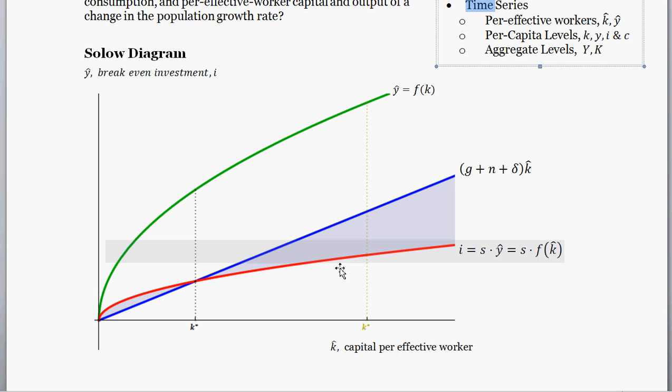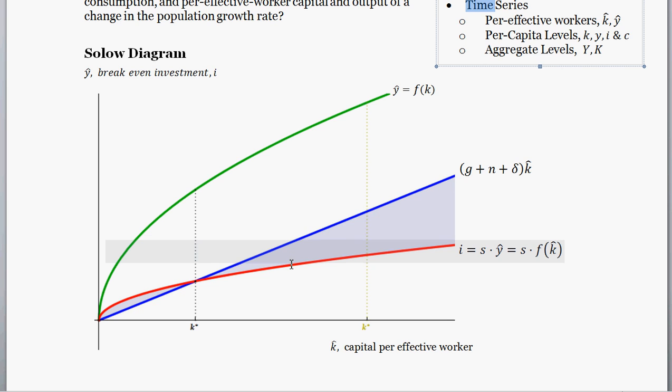So initially, suppose we're at a capital level way over here. Then there's a big difference between the break-even line and the investment line, and there's going to be a big reduction in capital per effective worker. This difference here is how much it is going to decrease. So one period goes by and we decrease capital to a new lower level.